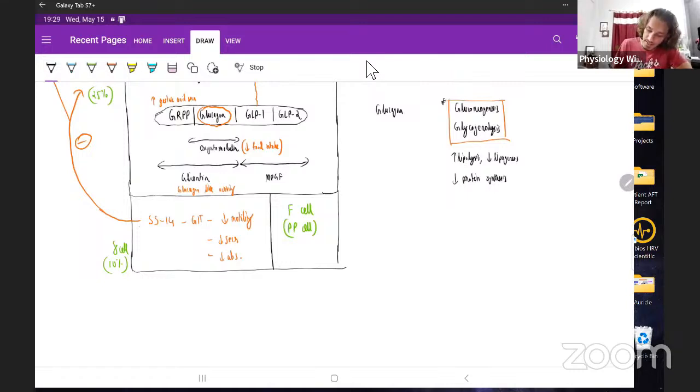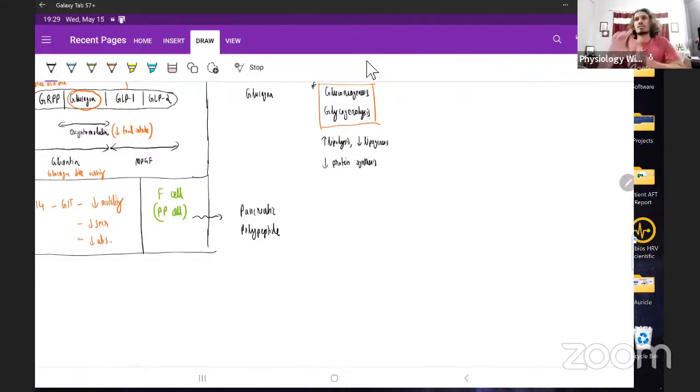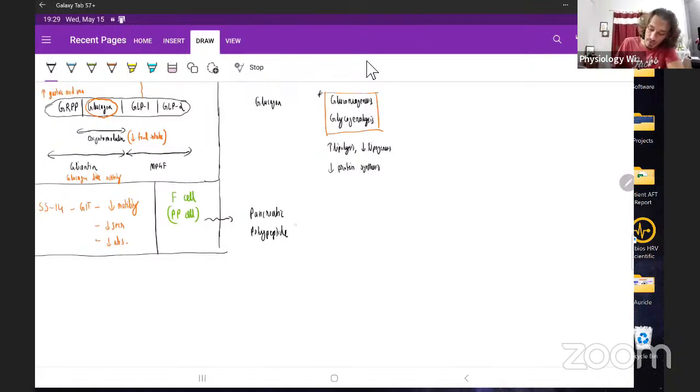It releases pancreatic polypeptide. Now, what does this do? Pancreatic polypeptide, this acts more on your liver.